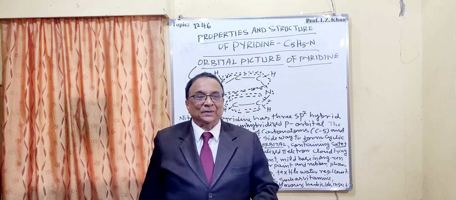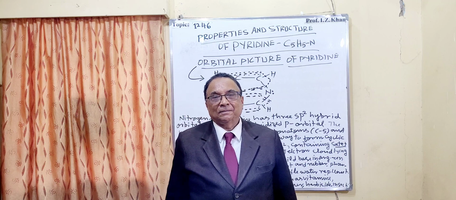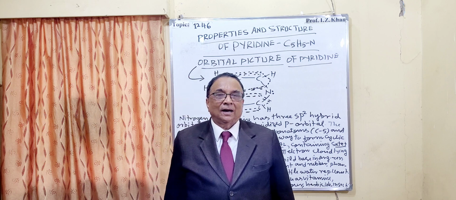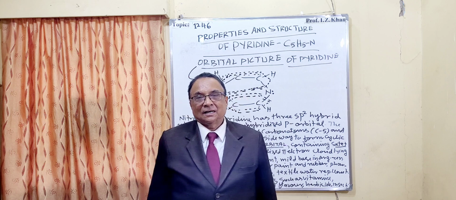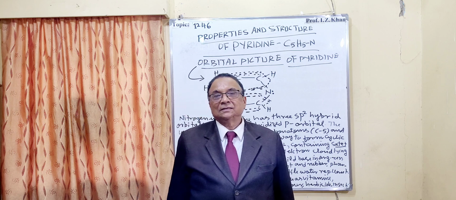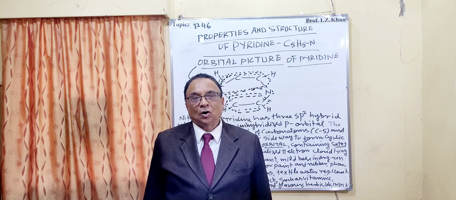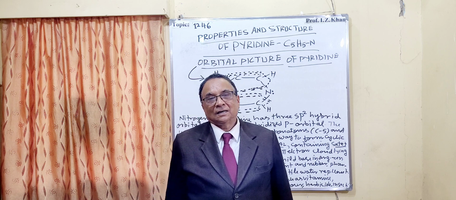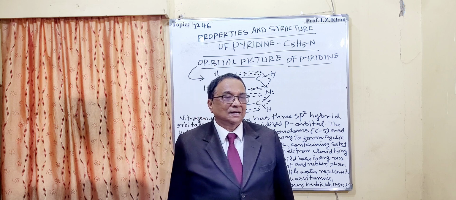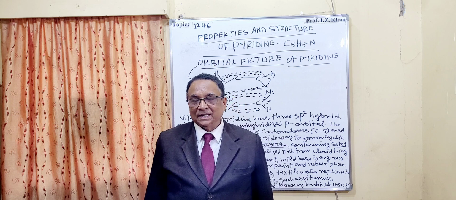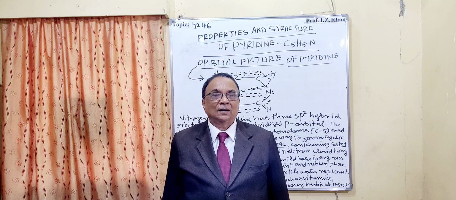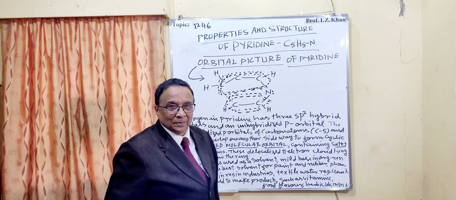So here the orbital picture of pyridine is given, and it is shown how the sextet of 6 pi electrons is delocalized, that is above and below the hexagonal ring, and that gives pyridine its stable character, and 1 pair of electrons is already available at nitrogen.